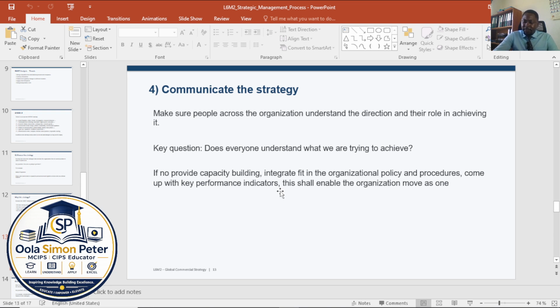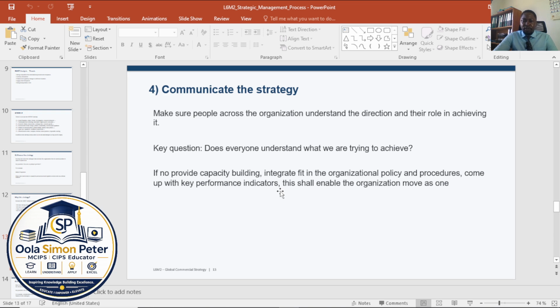Now, after we have identified the strategy that we desire, we have to communicate the strategy. Make sure that people across the organization understand the direction and their roles in achieving it. So does everyone understand what we are trying to achieve? If no, provide capacity building.